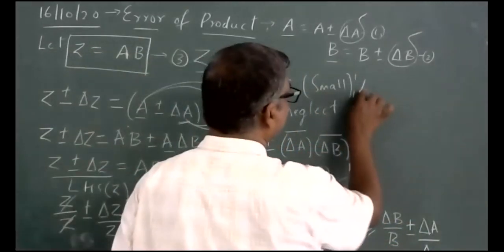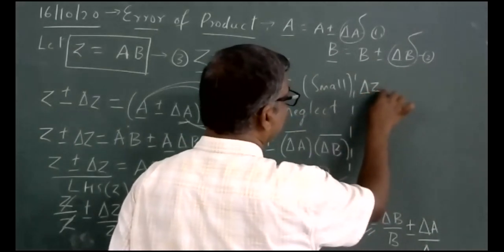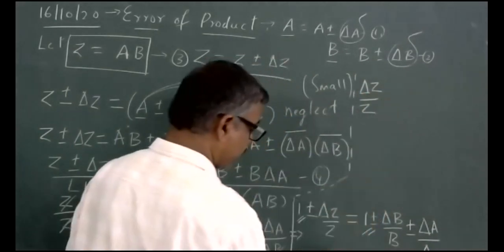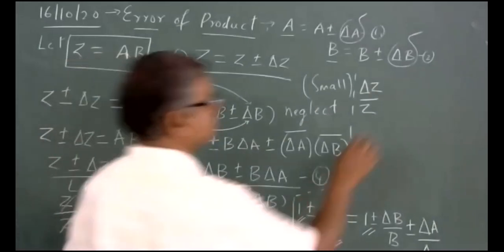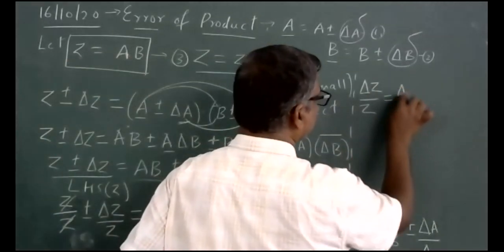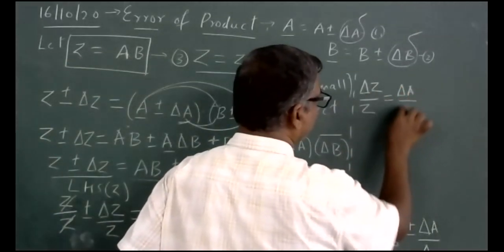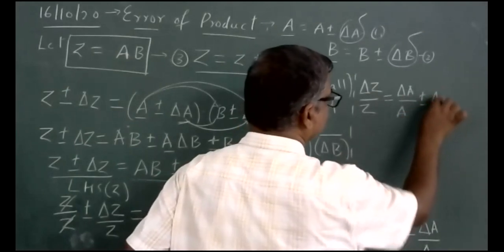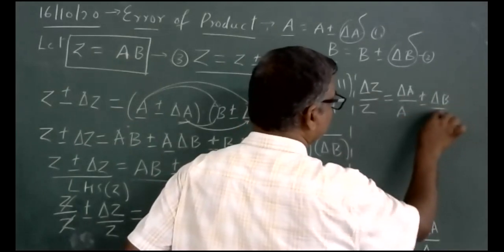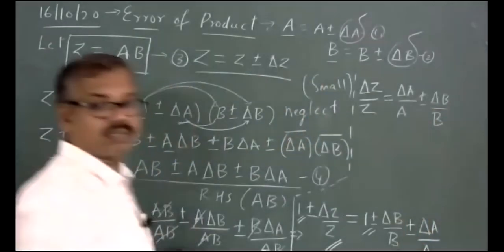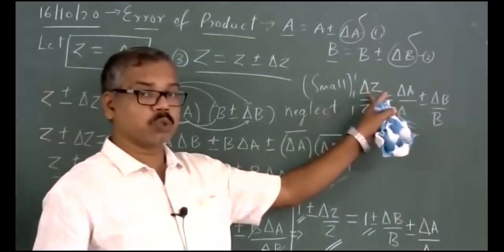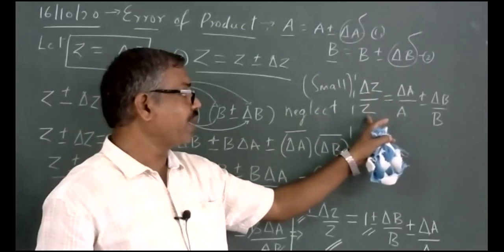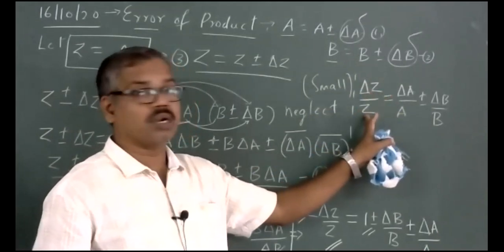It gives me the relative error in Z. Delta Z by Z is equivalent to delta A by A plus or minus delta B by B. I repeat, delta Z is the absolute error; absolute error divided by mean value is called relative error.